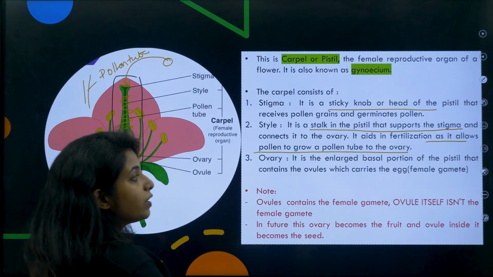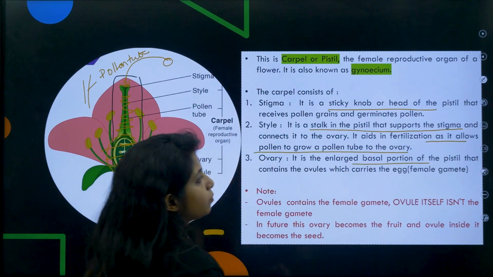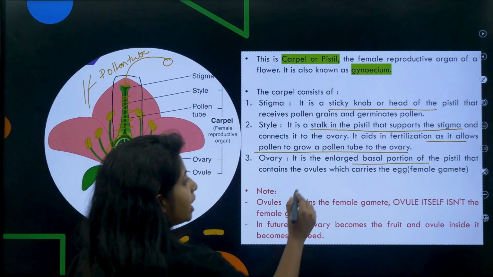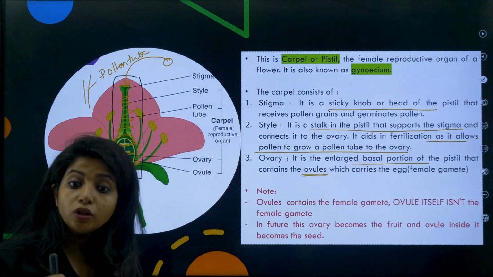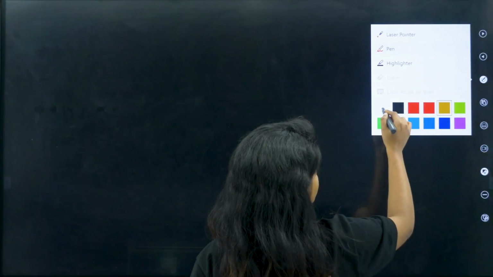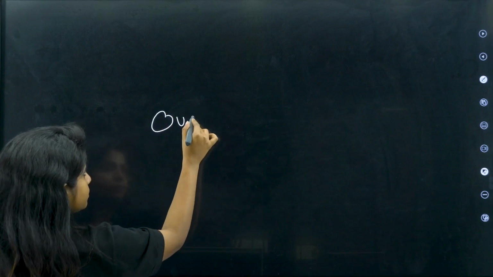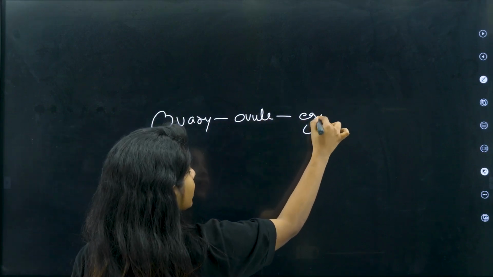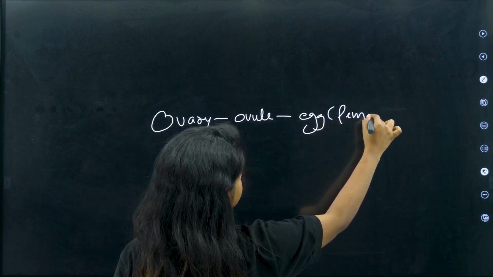Now ovary is there, it is the enlarged basal portion of the pistil over here as you see, and it contains the ovules. It contains what, children? Ovules. And the ovules in turn carry what? The egg or the female gamete. So you have to remember that ovary has ovule, and ovule is the one that carries the female gamete, that is the egg.